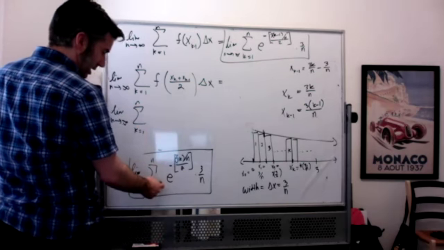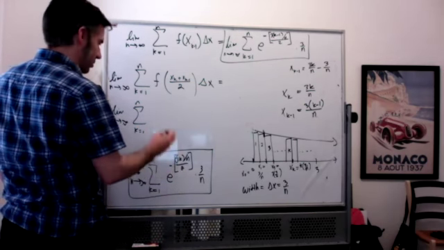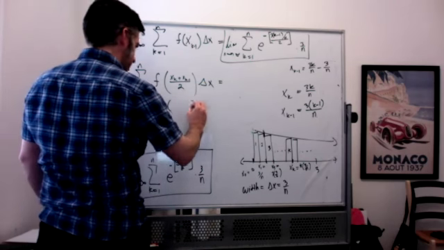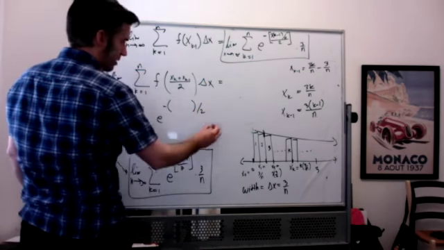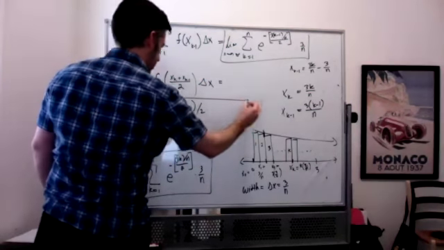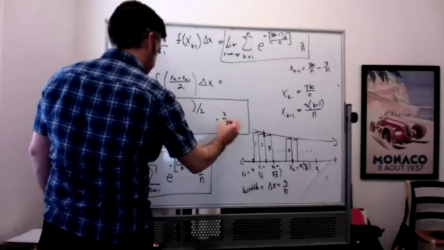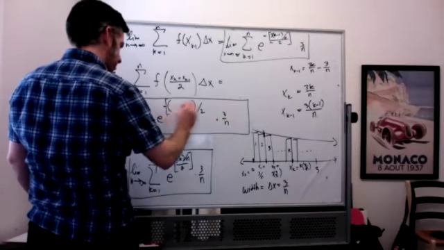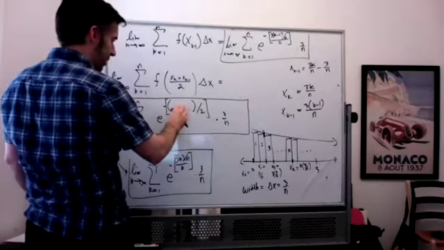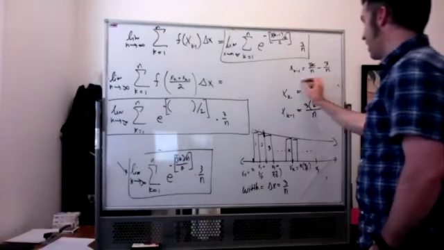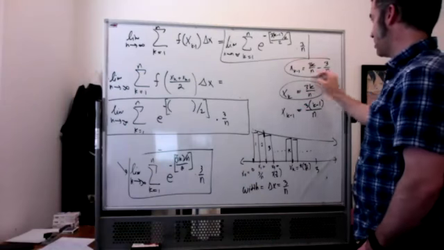So my function is e to the negative x over 2. So it's e to the negative stuff over 2 times your delta x, where this stuff here is the average of your x sub k and your x sub k minus 1.